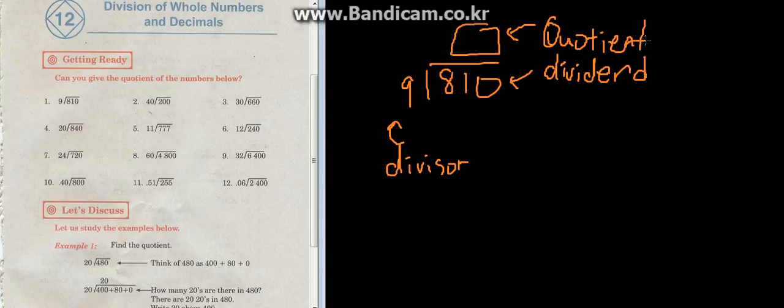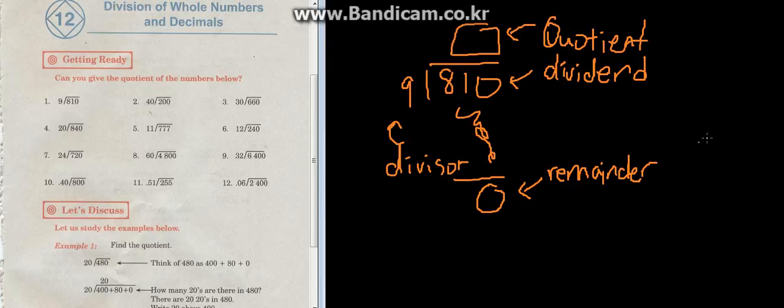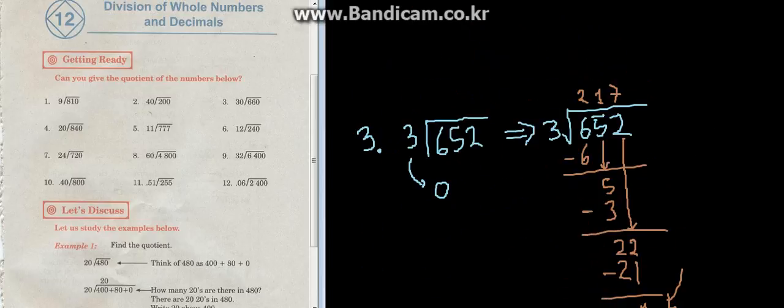And through all kinds of calculations right here, the leftover that you get right here, some number, that's called the remainder, right? So now we have reviewed the terminologies. So let's find out the quotient.